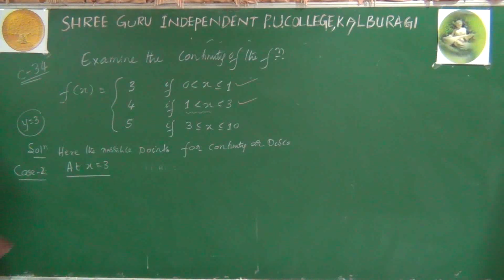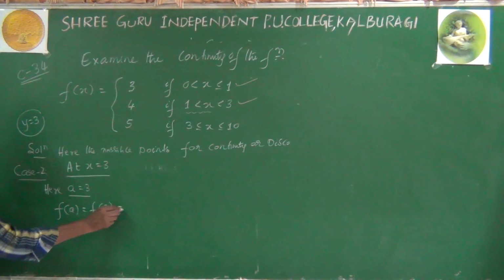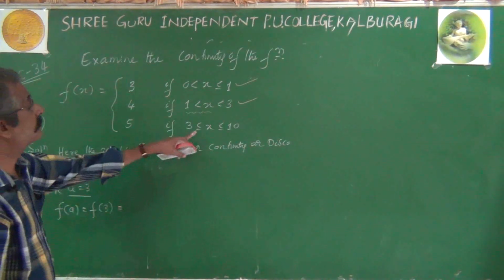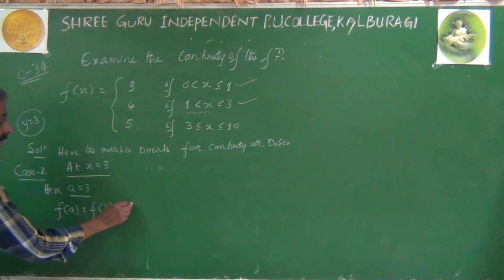So in this case, a value is 3. Here a equal to 3. Accordingly, f of a, that is f of 3. F of 3 means where x equal to 3 holds. X equal to 3 holds in the third value of the function. Accordingly, it is 5.